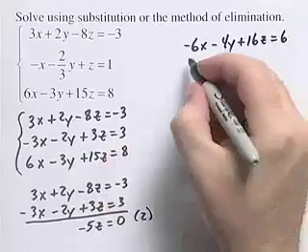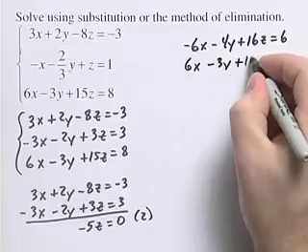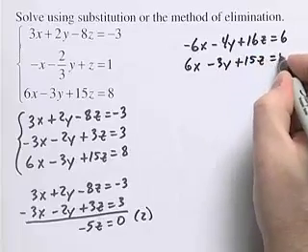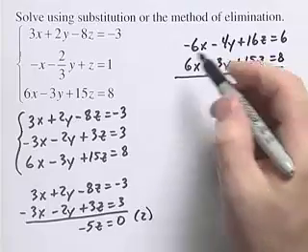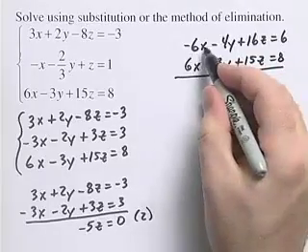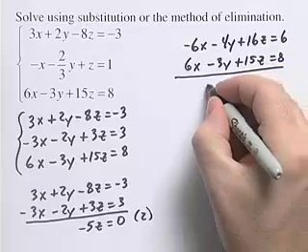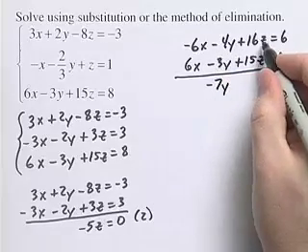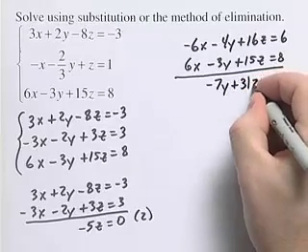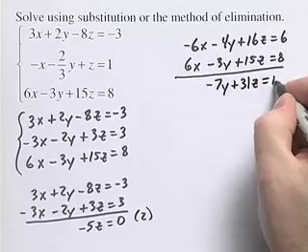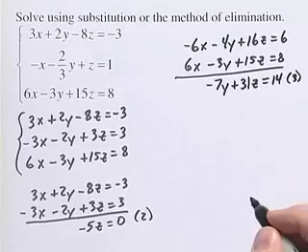We're going to rewrite our third equation, 6x minus 3y plus 15z equals 8. Since our coefficients are the same except for the sign, we're going to add these together. Negative 6x plus 6x is 0. Negative 4y plus negative 3y is negative 7y. 16z plus 15z is plus 31z. And then 6 plus 8 is 14. This would become our new equation 3.